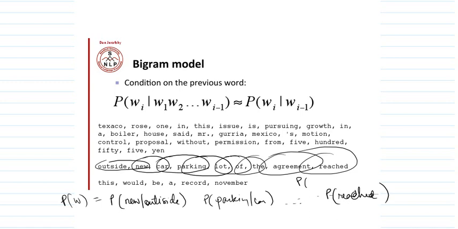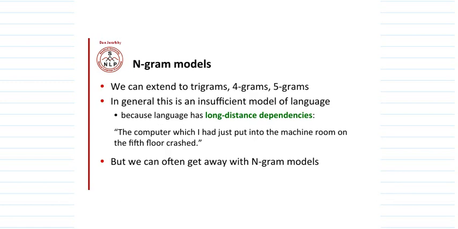P of reached given agreement. And the previous to this will be P of agreement given the. So in this way we can calculate the bigram probabilities, and we can generalize this.